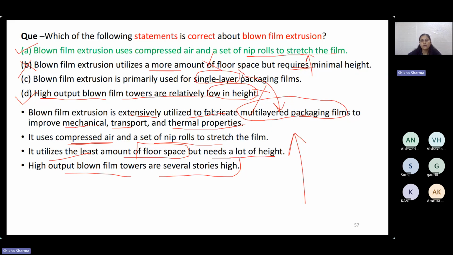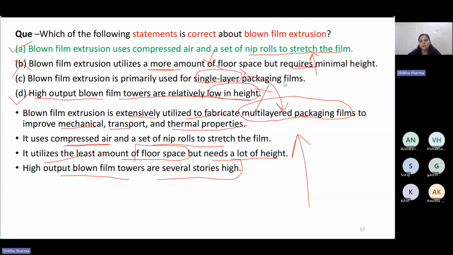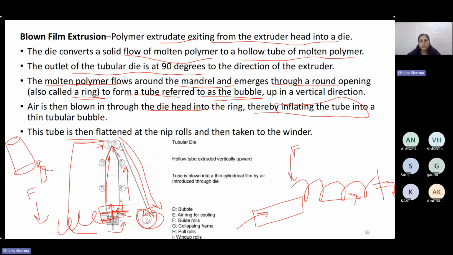It is very high in height, and it makes multilayer packaging films. It uses compressed air to blow the polymer and make hollow tubes, and then nip rolls stretch the polymer and convert it into one sheet.